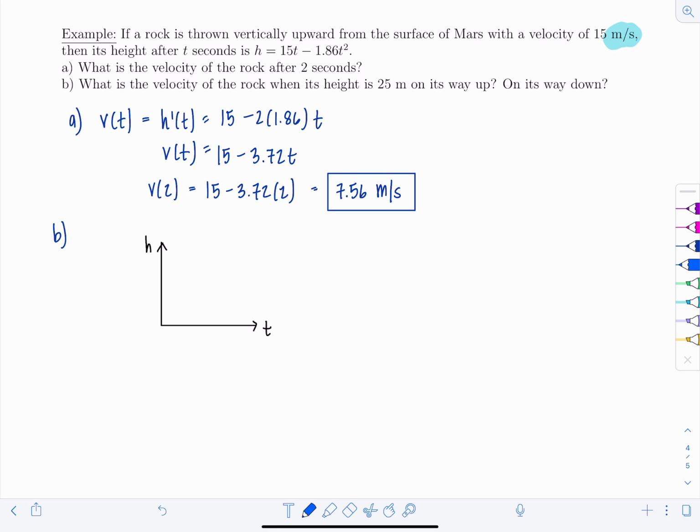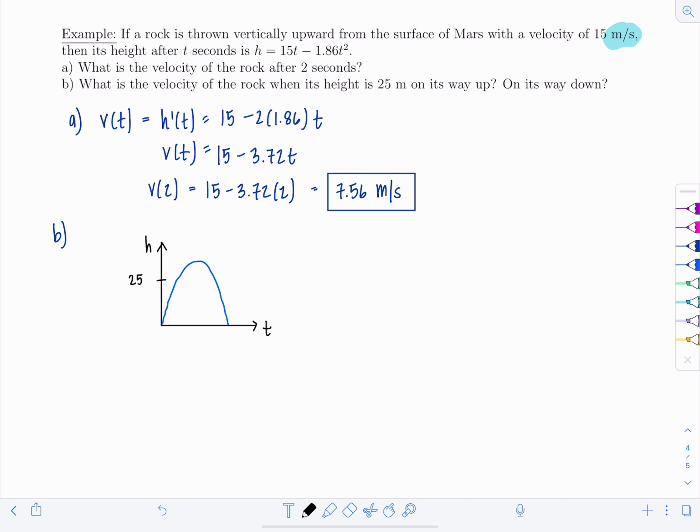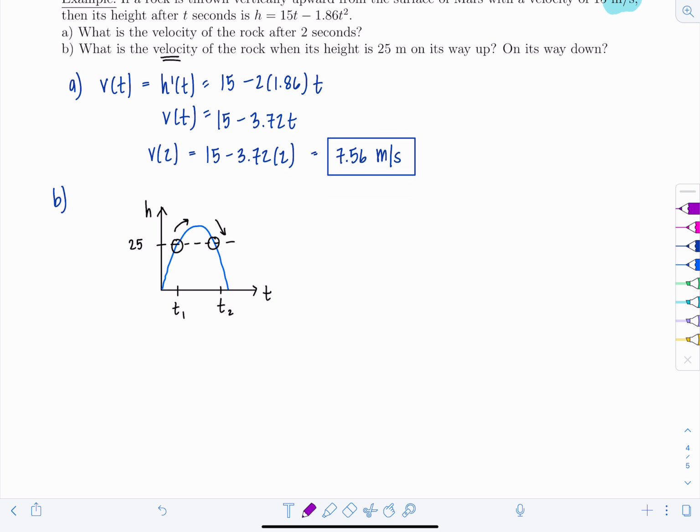There isn't one. Say this is 25 meters right here. There's one time where it hits 25 on the way up, and then it hits 25 again on the way down. So there's going to be a first time when that happens and a second time when it happens. And they want the velocity at each of those times. So first thing I have to do is figure out what those times are.